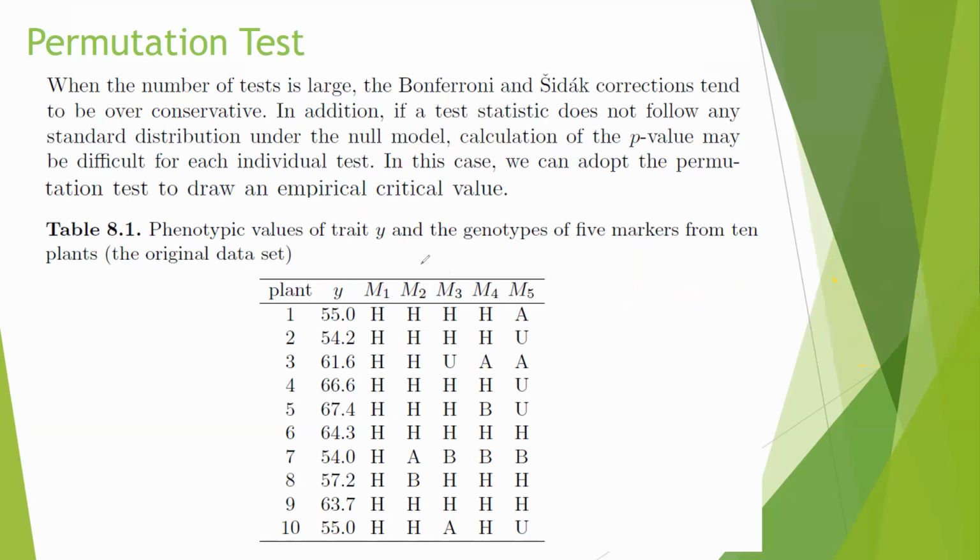Okay, so suppose for this marker, you successfully estimated B1, the additive effect, right? And you can also estimate the variance of B1, right?